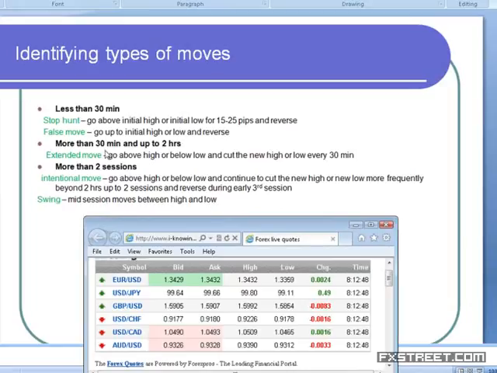In the market, we need to understand that always they alternate the intentional move with that of the extended move. And day in and day out, you come across these 2 types of moves. And in between, we come across stop-hunts during the start of the session, late session, then the false move before the data release, and also swings during the mid sessions. So these are all the types of moves they do.